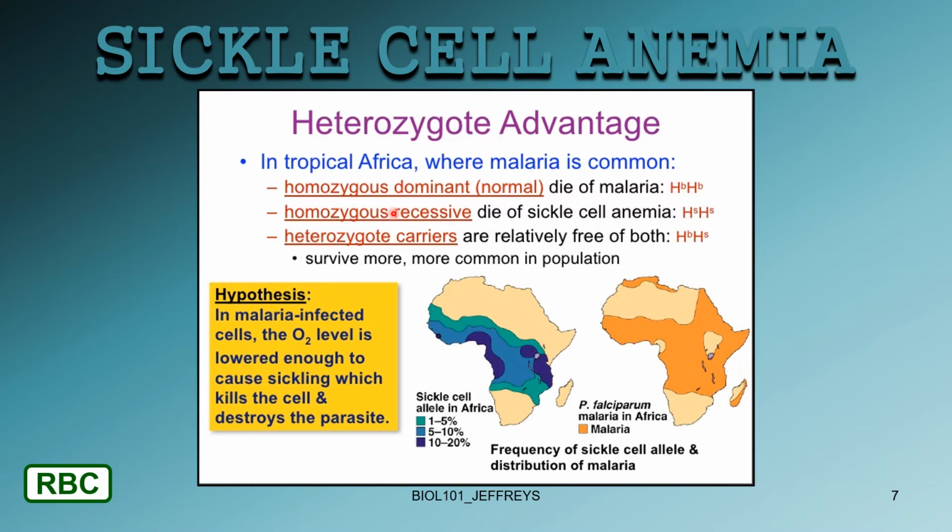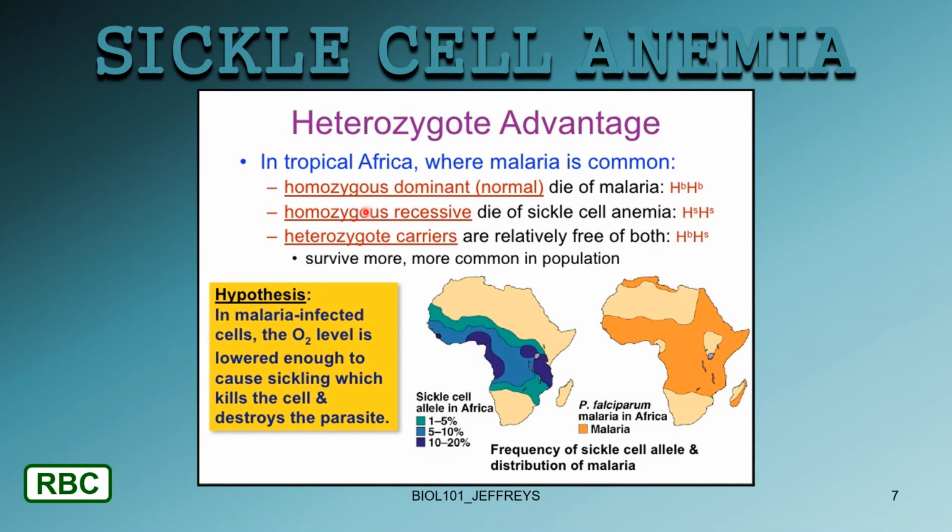If we're thinking about malaria, capital M, lowercase m, if we look at it that way. So homozygous dominant would be big M, that's the normal person, no sickle cell trait, they die of malaria, there's no protection as a homozygous dominant.